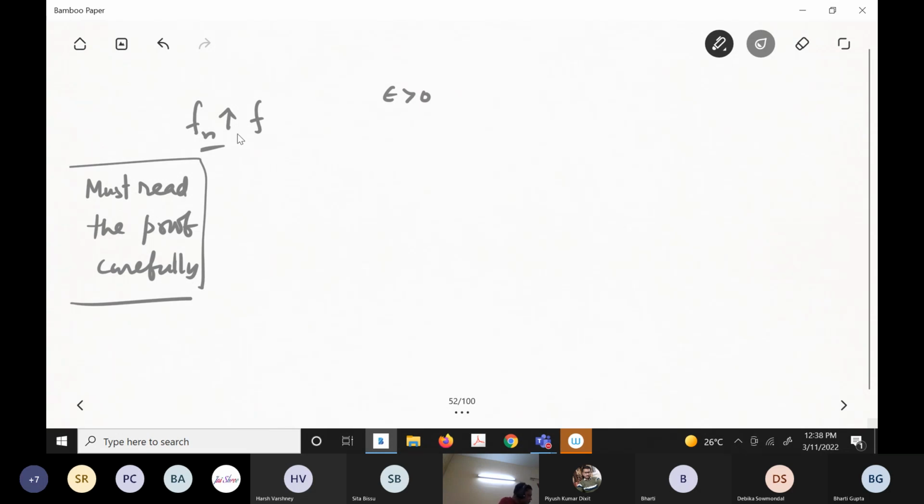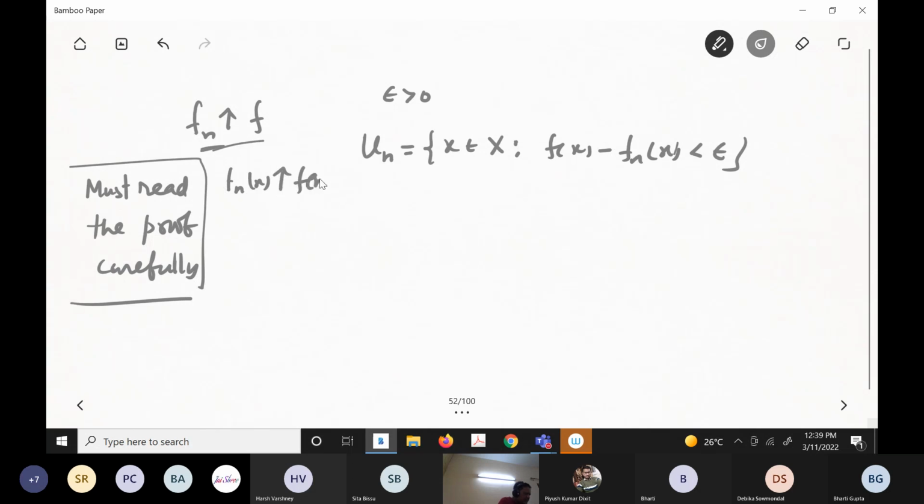So now look, he is defining something. Since fn(x) goes to f(x) pointwise and is increasing, f(x) is greater than or equal to fn(x).